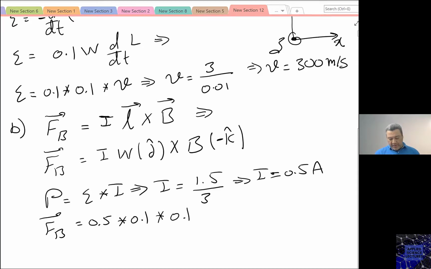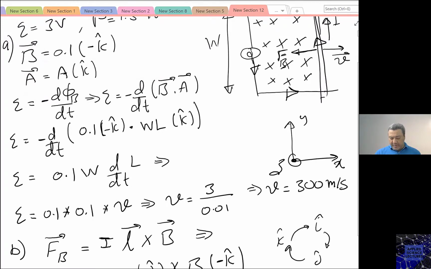And now J hat cross K hat is I hat. However, here I have minus, then it will be minus I hat.